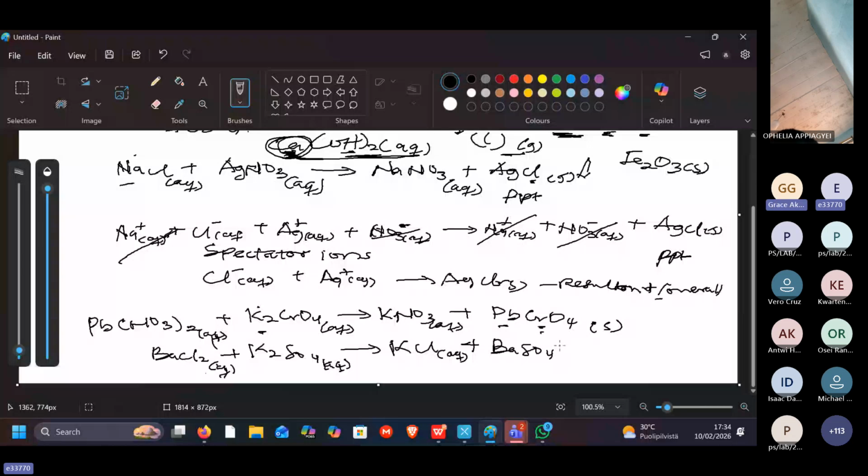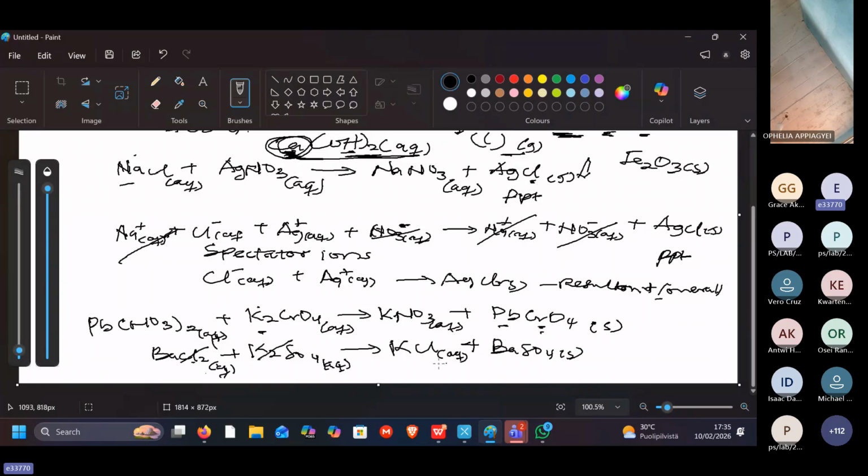How about barium sulfate? Well, sulfates are soluble except when they meet with the charge 2 groups: calcium, barium, lead, mercury, and silver. So this is going to be solid. In case I form that solid and I'm asked to write the ionic equation, the chloride will be a spectator ion, and potassium will be a spectator ion.